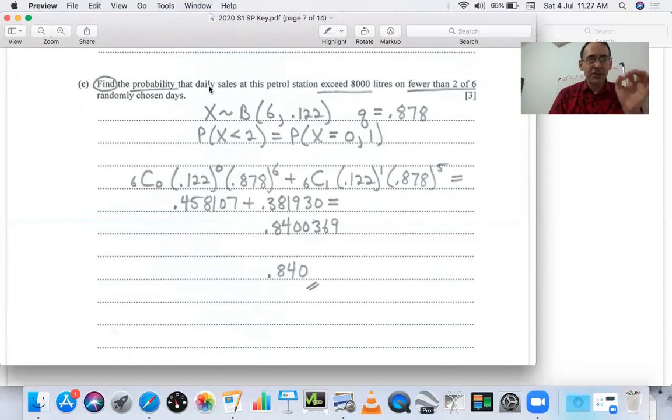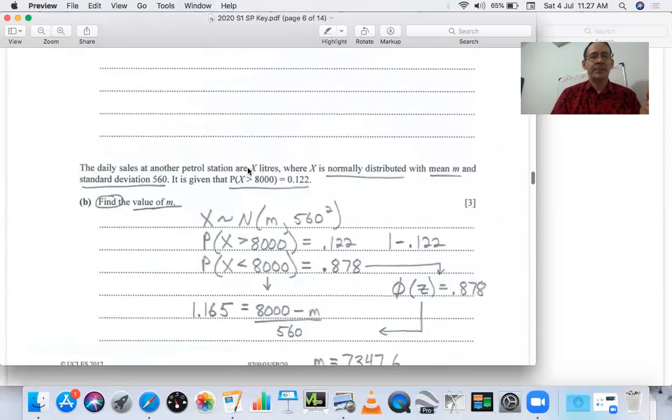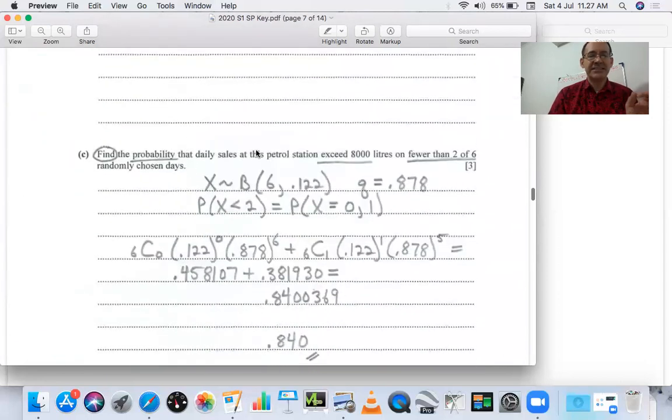So pay close attention to what you're actually looking at. Come back here. Notice this is about X liters. Okay, that's continuous. The amount of liters is continuous data. That's why it's normal. This one is about daily sales. Days are discrete. 1 day, 2 day, 3 day.